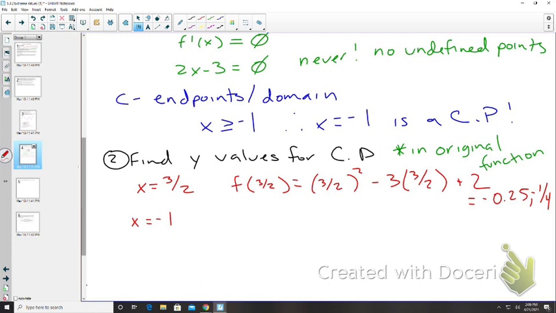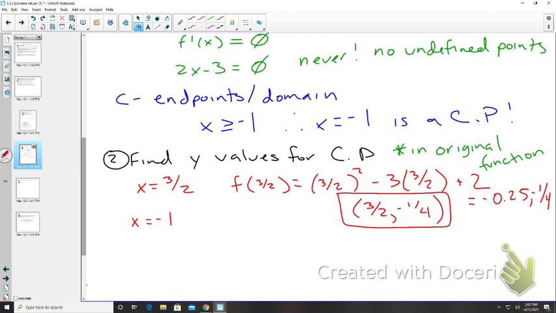So now we know, when we have x of 3 over 2, we have a y of negative 1 over 4. Don't let your fractions get out of control, because that's when they'll become irrational or improper. That's really, really bad.